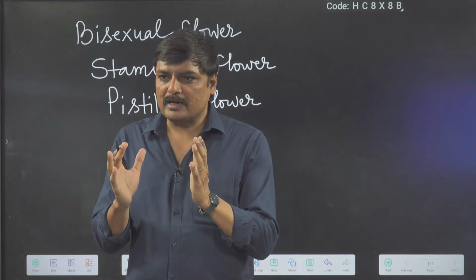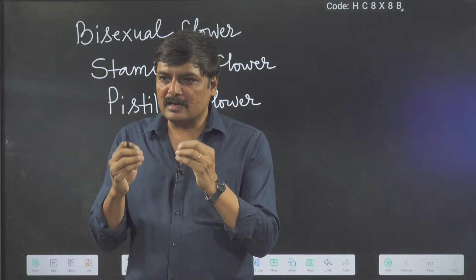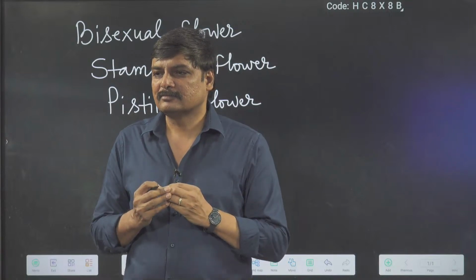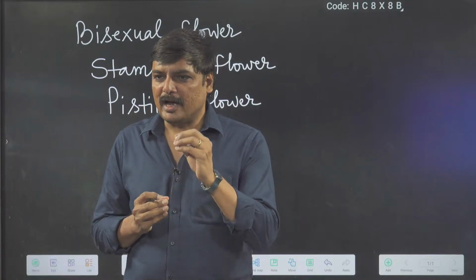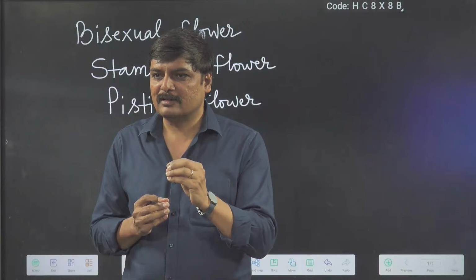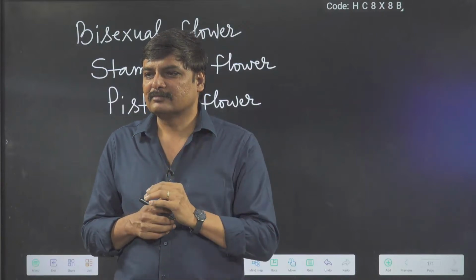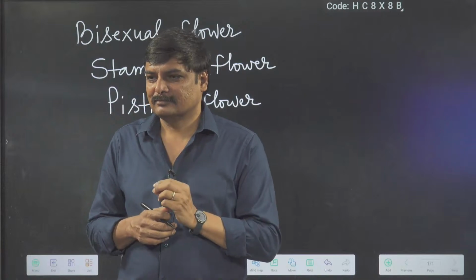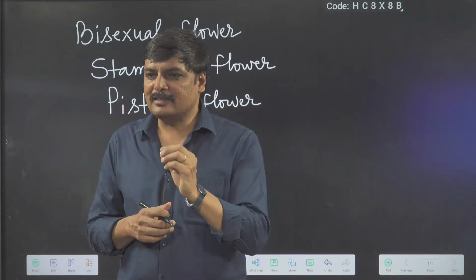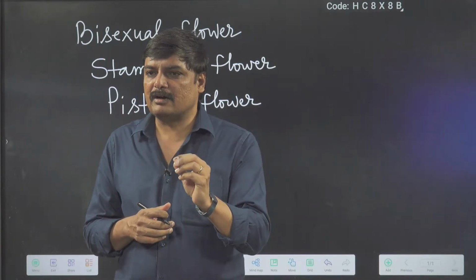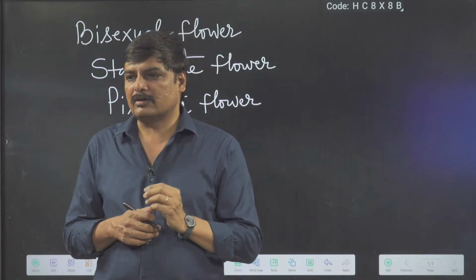In which part are pollen grains developed? Among anther and filament, pollen grains are developed in anther. Therefore, anther is the fertile region of the stamen. Very good.